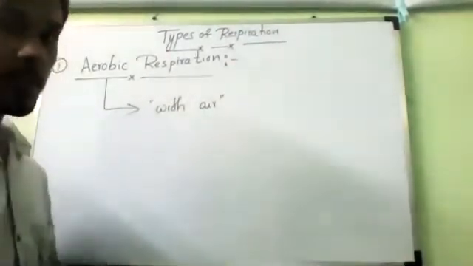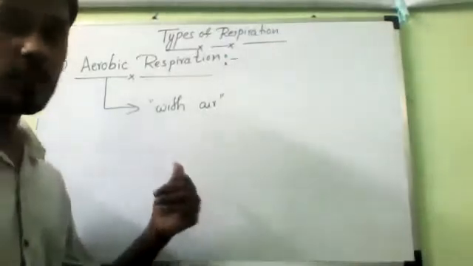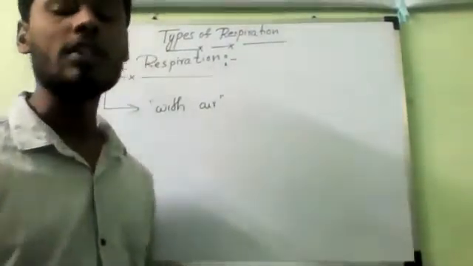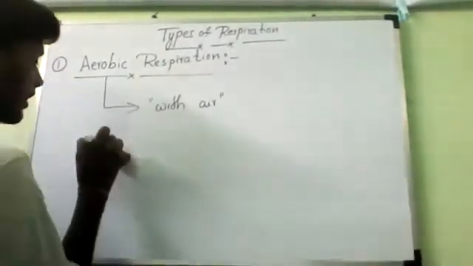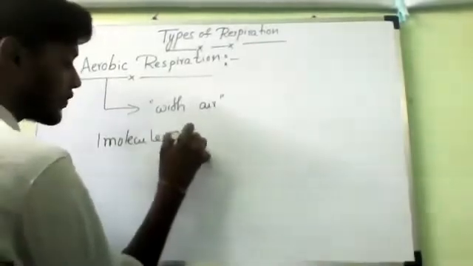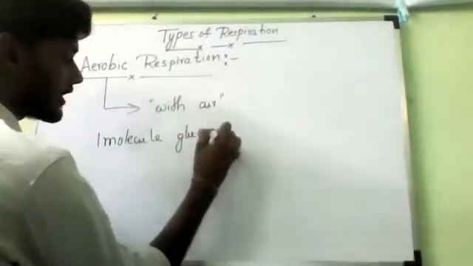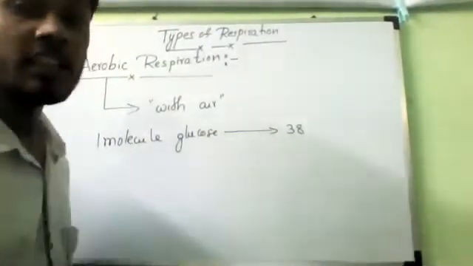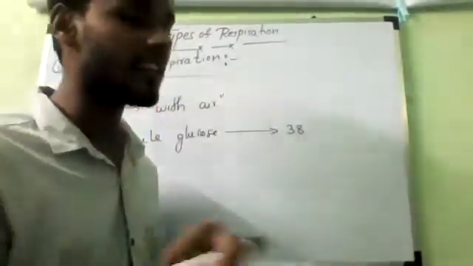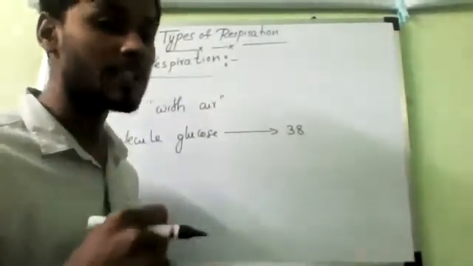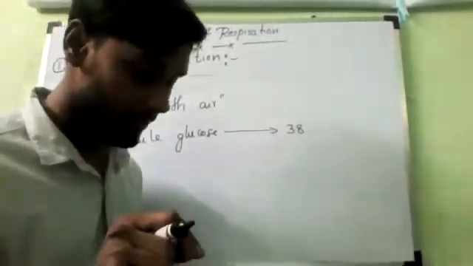During this aerobic respiration, one molecule of glucose produces how much energy? 38 ATP. Energy rich or energy poor? ATP means energy rich. ADP means what? Energy poor.